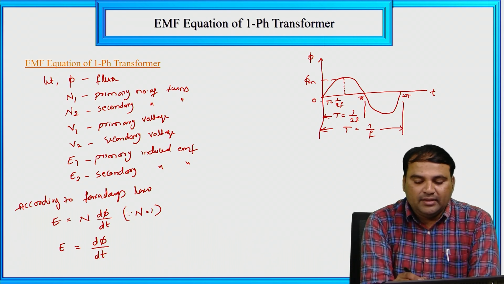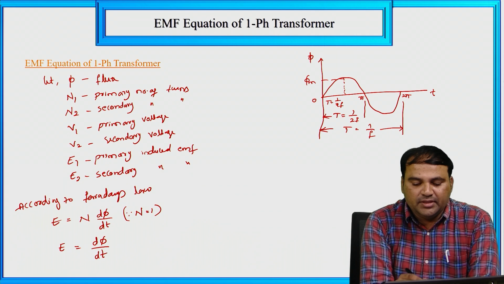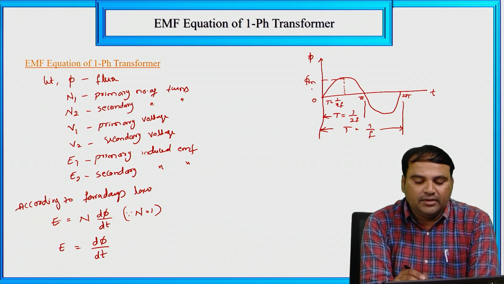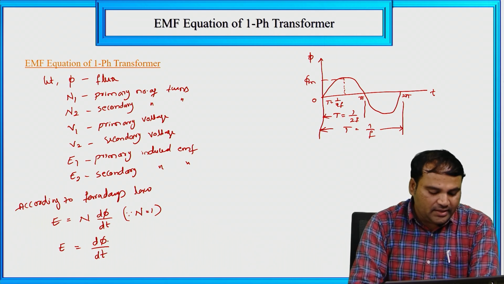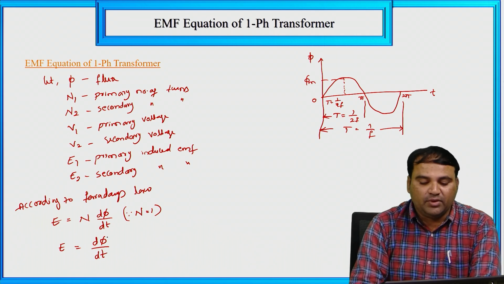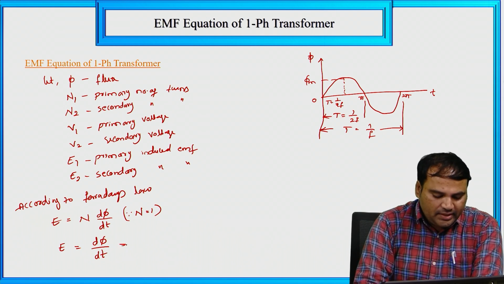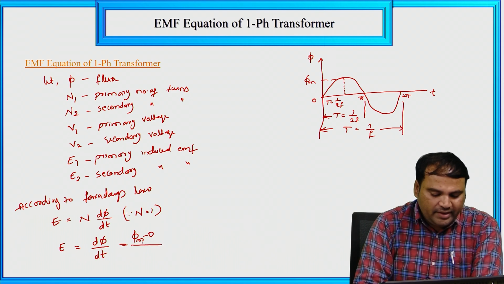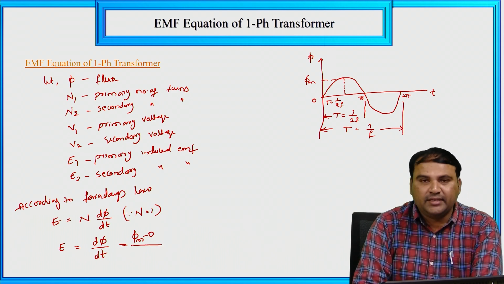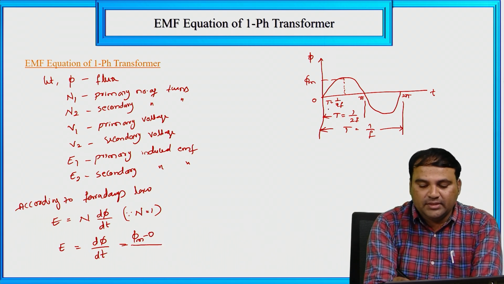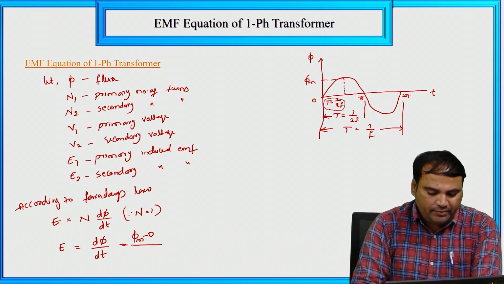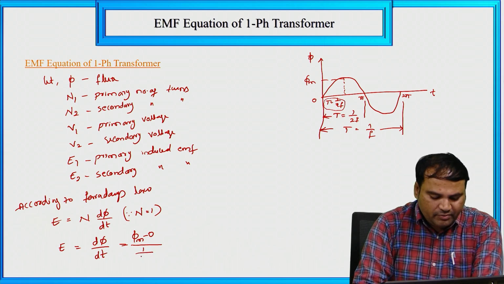And here the flux changes from 0 to phi m, so d phi is the change in flux, that is phi m minus 0, divided by dt, the change in time. The change in time is T equal to 1 by 4f, so dt is 1 divided by 4f.